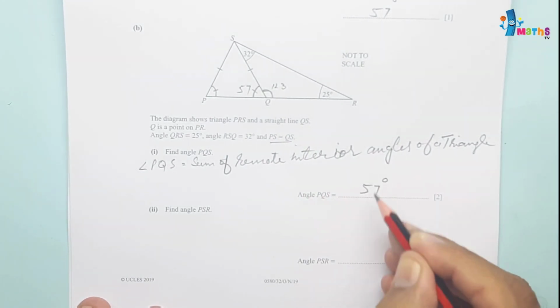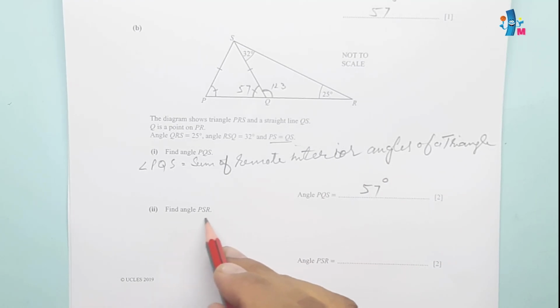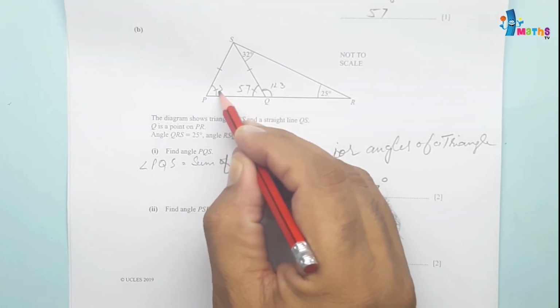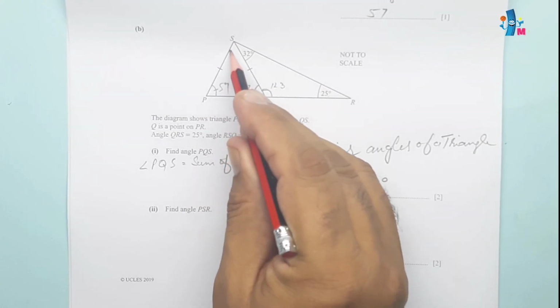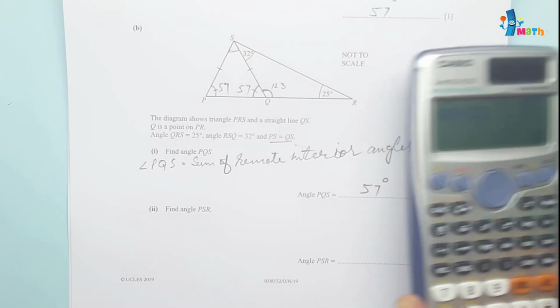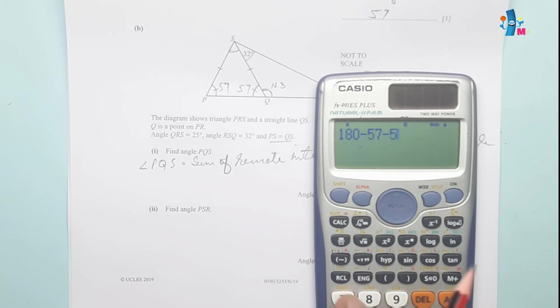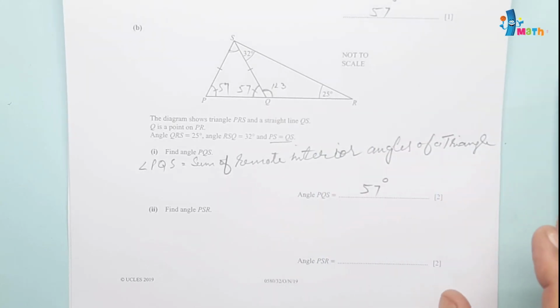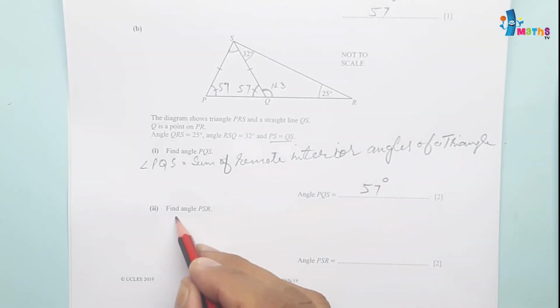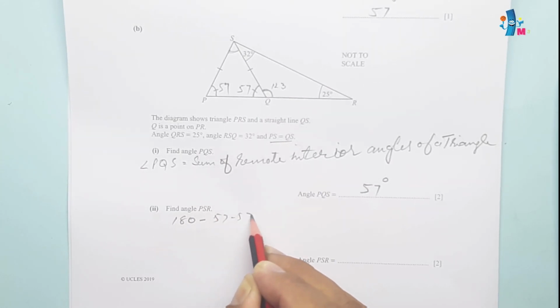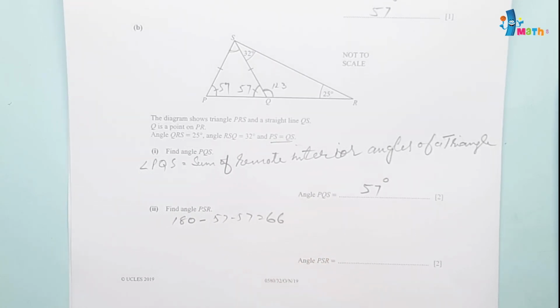This is 57 degrees. Then comes find the angle PSR. So this is 57, this will also be 57. So this will be the remaining angle of the triangle. 180 minus 57 minus 57, this is equal to 66.